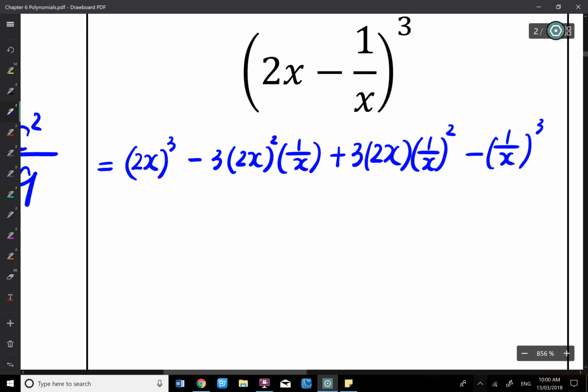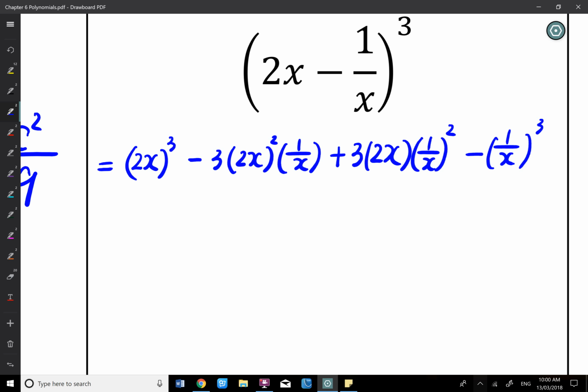That's the formula. A cubed minus 3a squared b plus 3ab squared minus b cubed. You should be able to complete that by looking at the formula above, but you need to remember that. You need to memorize that.